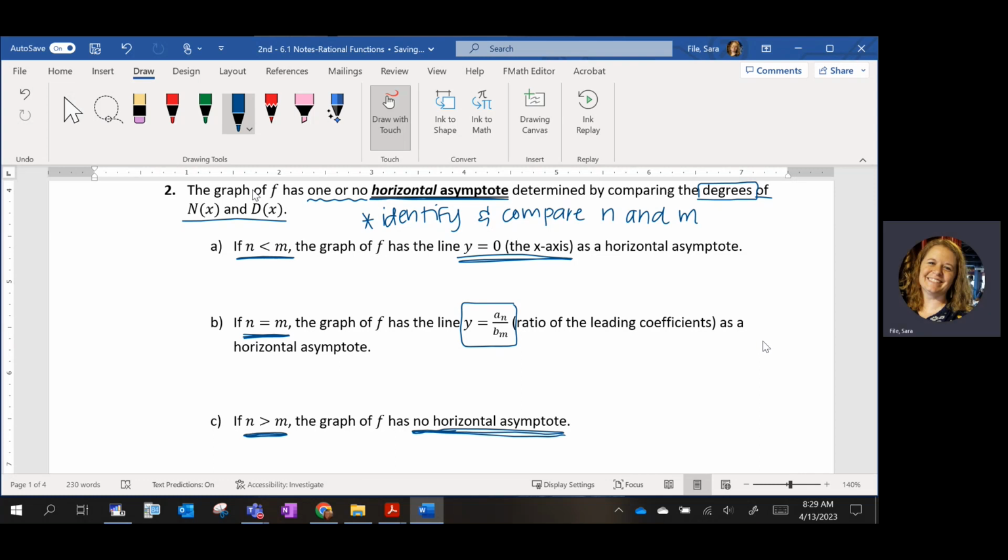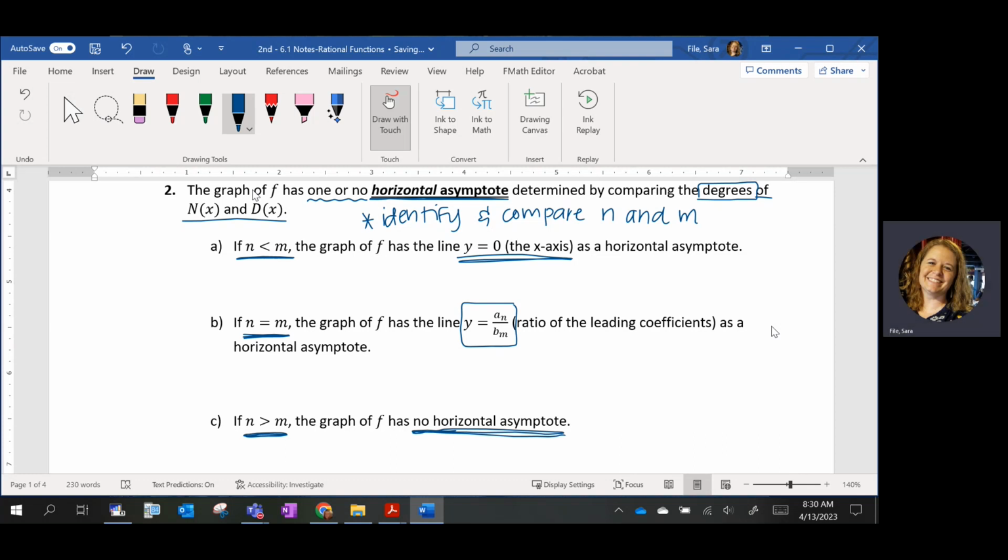The horizontal asymptotes are what determine the end behavior of the graph. So what are the left-hand and right-hand sides of the graph doing? They're either going to be approaching the asymptote if there is one, or they'll be going up forever or down forever.